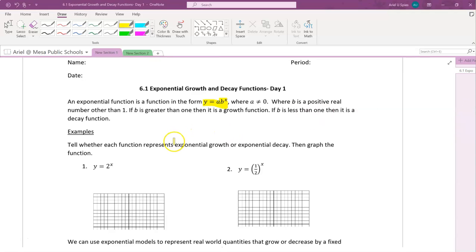Okay, so these want me to tell whether each function is a growth or decay, and then graph the function. So if I look at number 1, my base is greater than 1. And I apologize, I forgot my dot camera design.